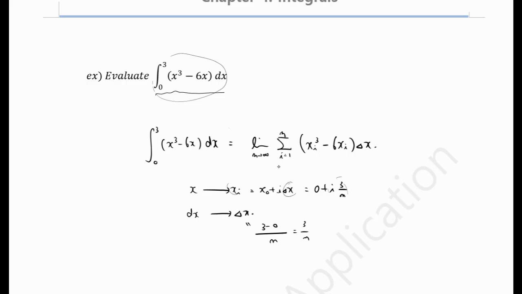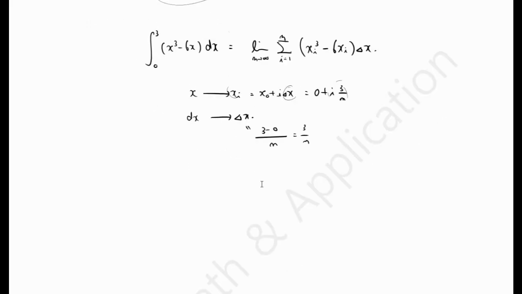So the Riemann sum becomes the limit as n approaches infinity of the sum from i equals 1 to n of (i times 3 over n) cubed minus 6 times i times 3 over n, times delta x, which is 3 over n. So we have to calculate this summation.